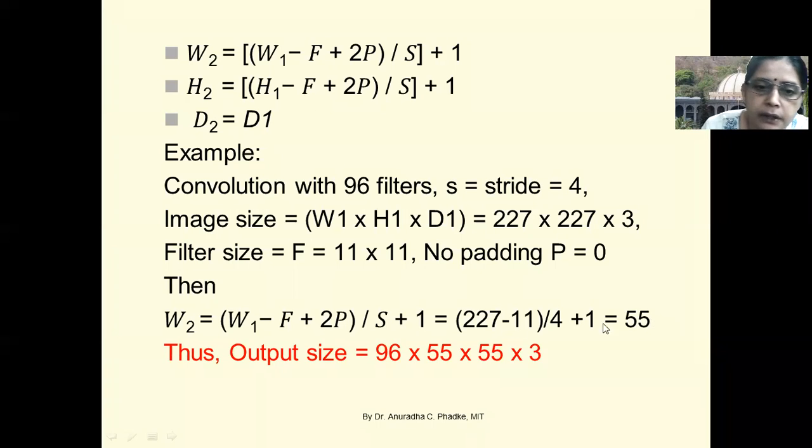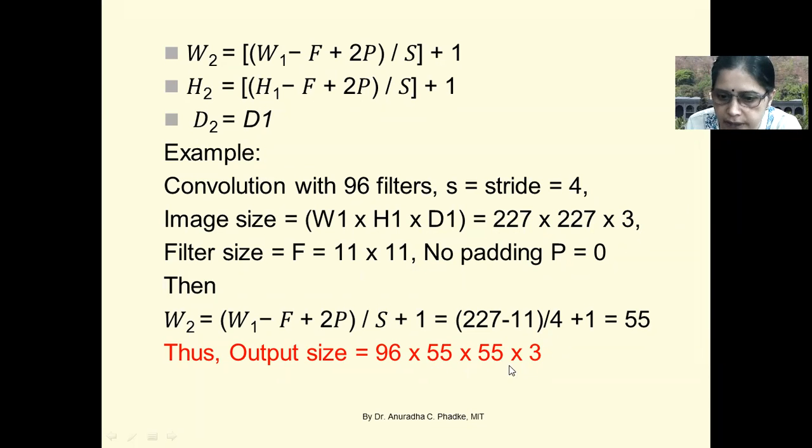Similar to W2, we will get the height H2, because here W1 is the same as H1. W1 and H1 are both 227. Similarly, the filter width and height are the same, it is 11. So your H2 value is the same as W2, so H2 will be 55. And depth is 3 for the input, so it is the same for the output.